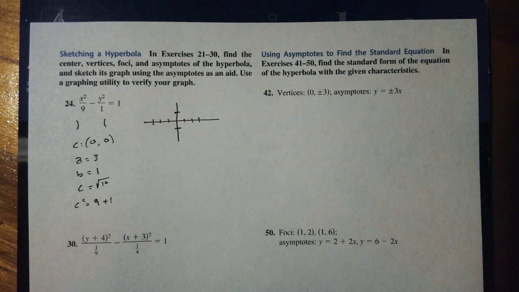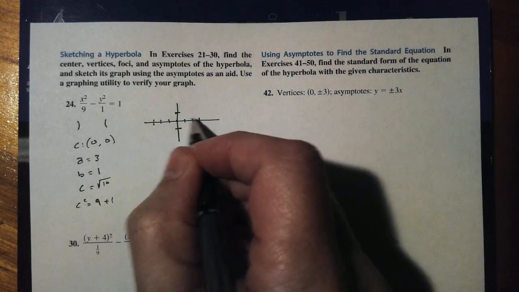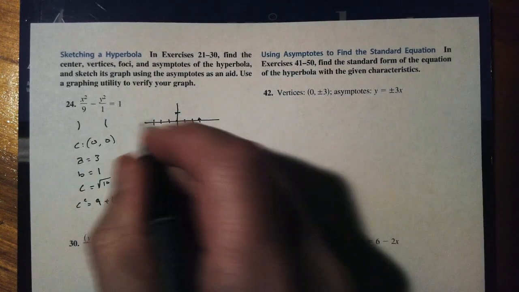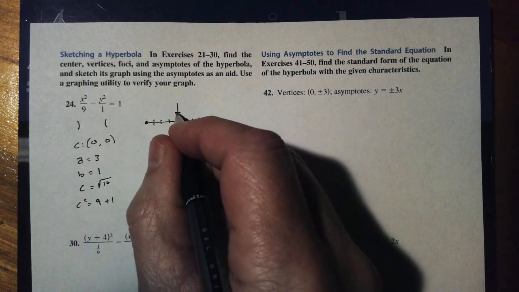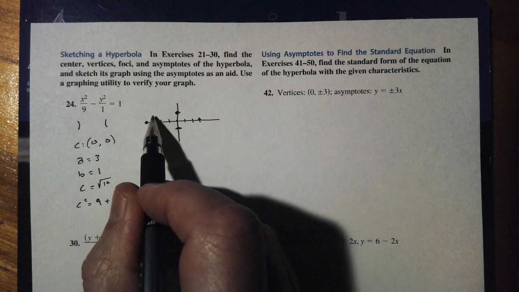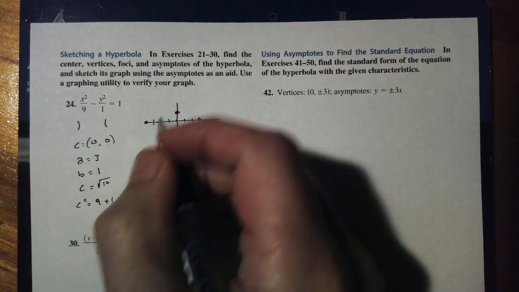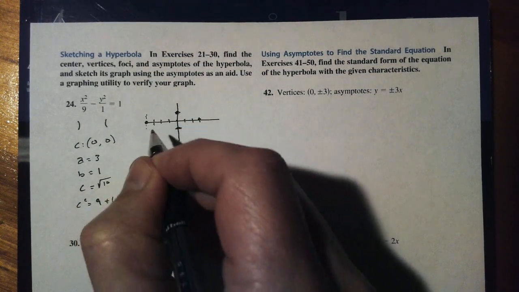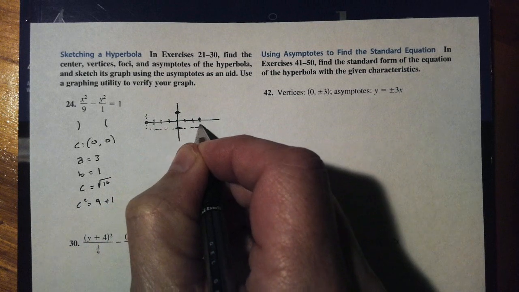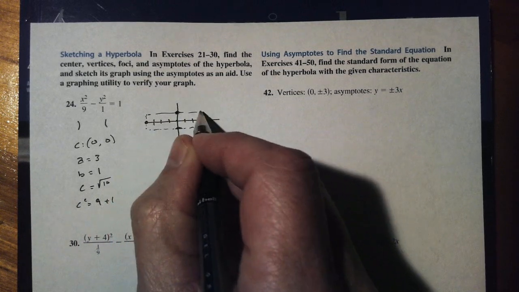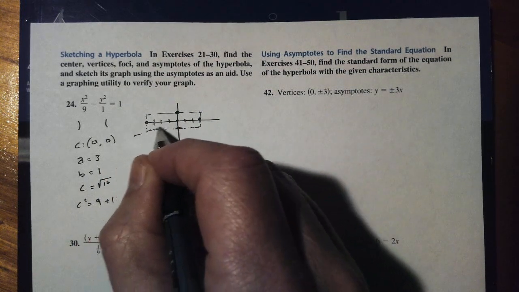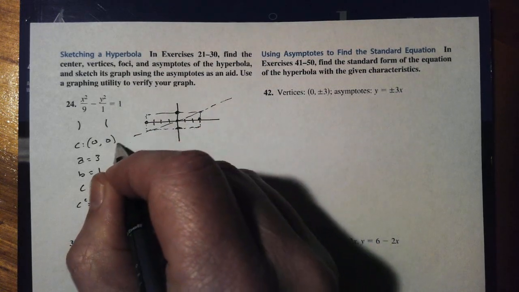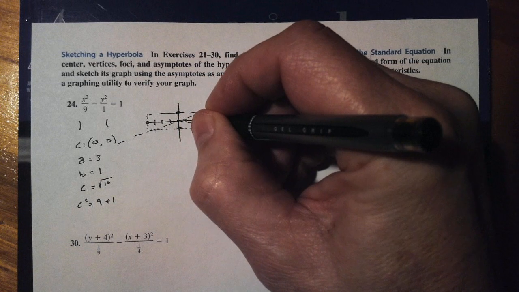If I was going to graph this ellipse, I would say let's go over 3, right 3, left 3, underneath y and up down variable, up 1, down 1, and we would go ahead and draw our ellipse. Now what we're going to do instead is draw a box through those points, and through the corners and through the center we build our asymptotes.